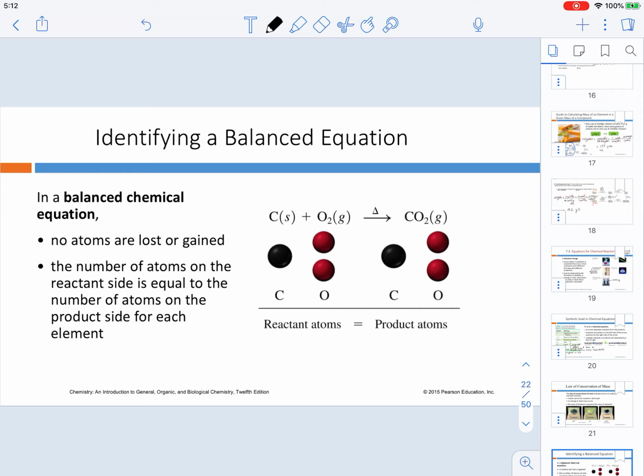So as you can see in the following reaction, we have carbon in solid form reacting with molecular oxygen or oxygen gas. They are being heated with one another, and that produces carbon dioxide gas. If we look at the number of atoms in the reactants and the products, notice that we have one carbon, two oxygens, and in the product, we have one carbon, two oxygens. So it is said that this equation is balanced.